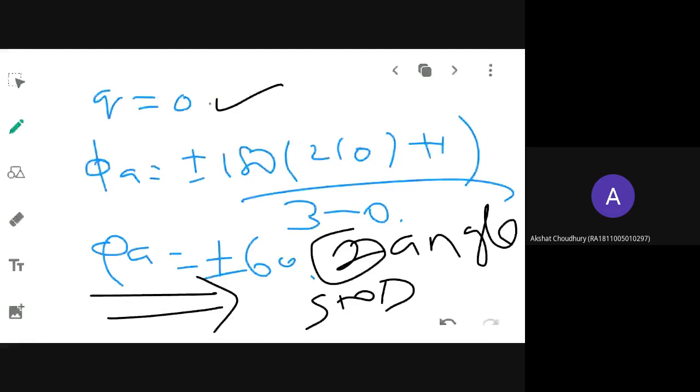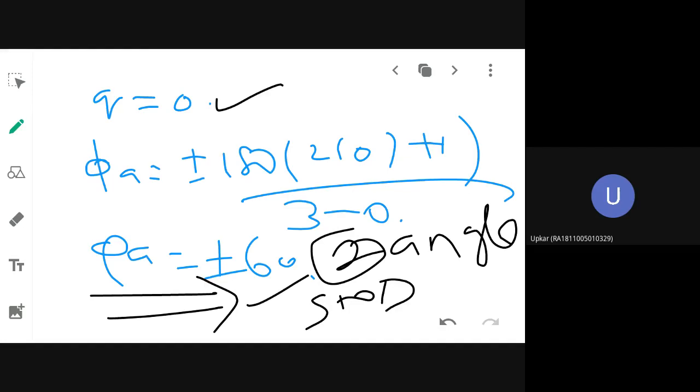Suppose if you are having 5 root locus branches, then for q equal to 1 also you need to find the angle of asymptote. But for this particular problem, the total number of branches is 3. Already we have found 1 branch. Now only 2 more angles are sufficient. What are the 2 angles of asymptotes? Plus or minus 60.